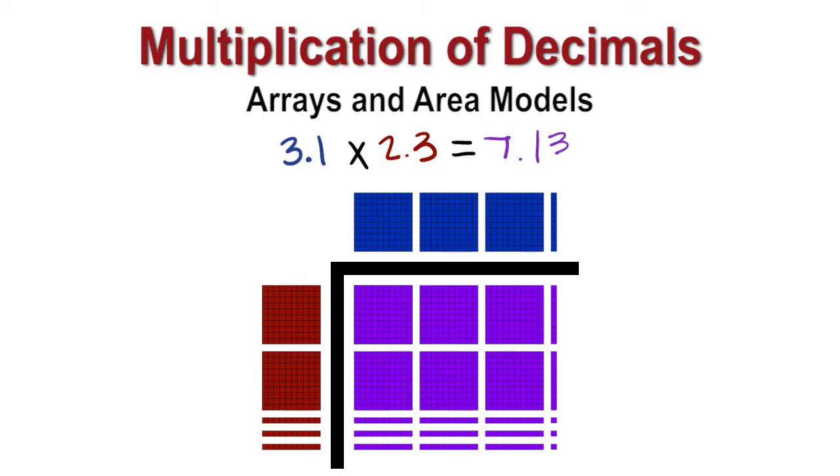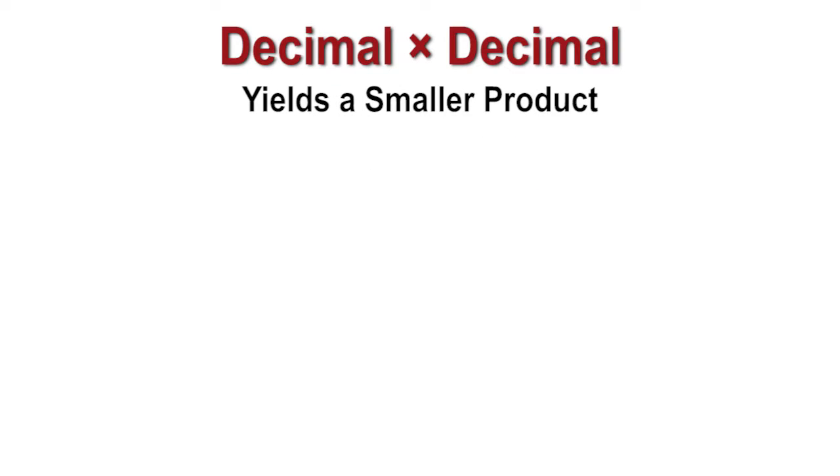Students will have had multiple opportunities to explore and discuss their findings. They will use this to further their understanding of multiplying decimals and eventually lead them to the standard algorithm. Students may find it difficult to understand that multiplying a decimal by a decimal will yield a product smaller than the factors.